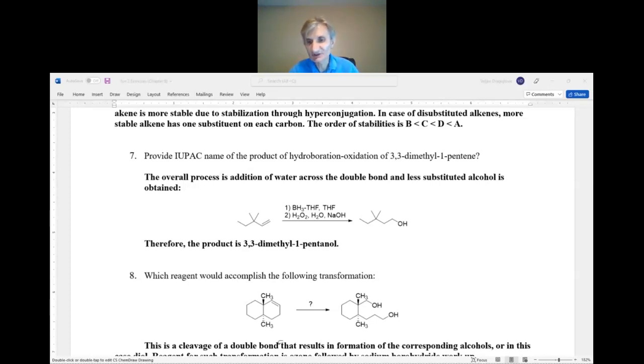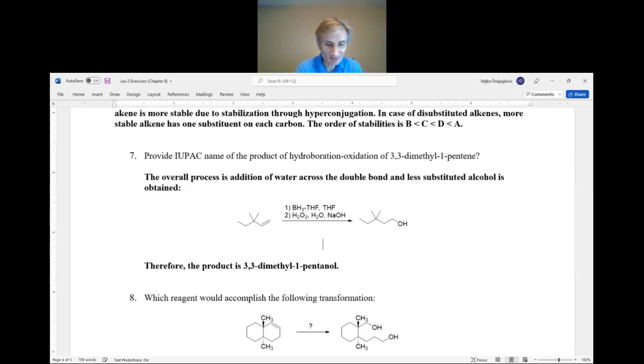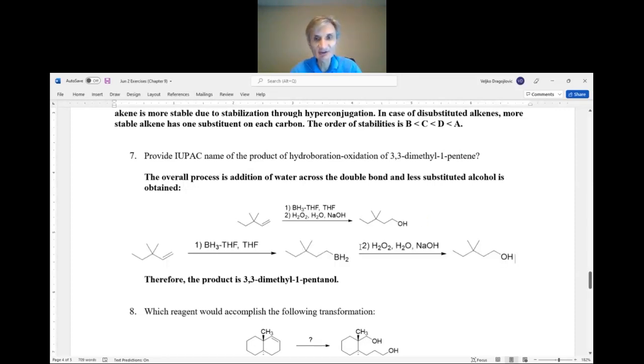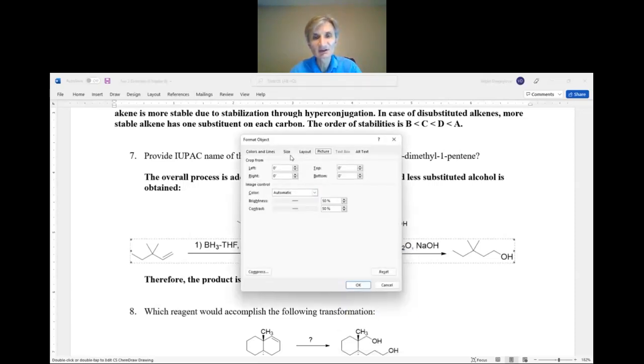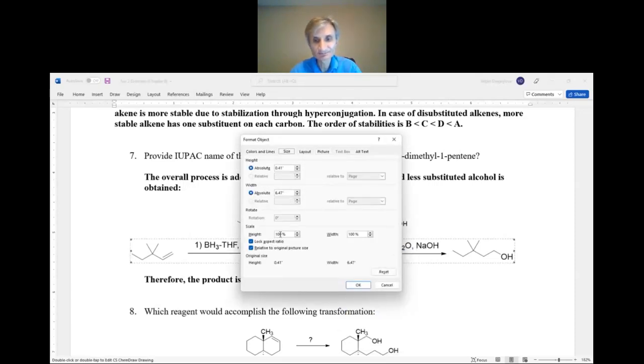And then hydrogen peroxide oxidation results in conversion of the borane group to a hydroxyl group. So the net overall result is addition of water across the double bond, where the hydroxyl group ends up on the less substituted carbon.